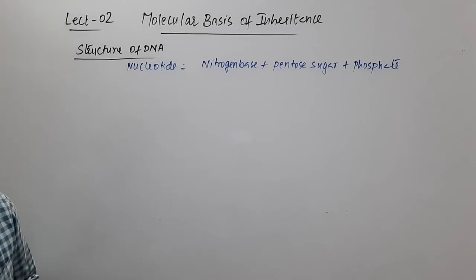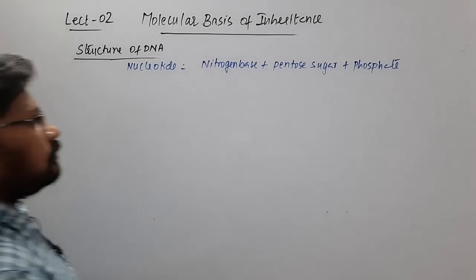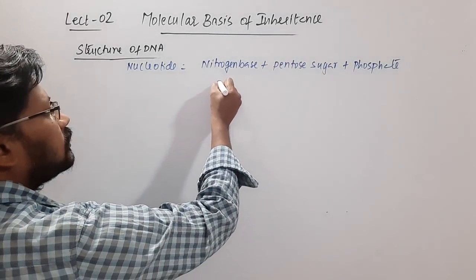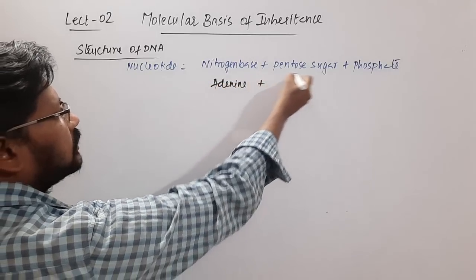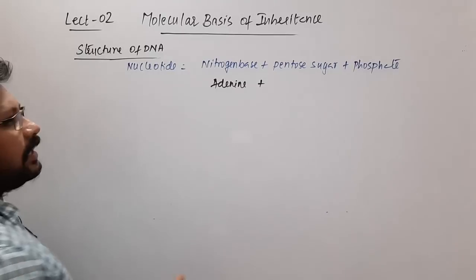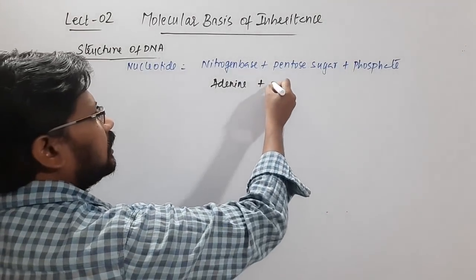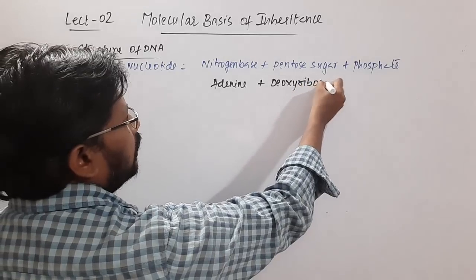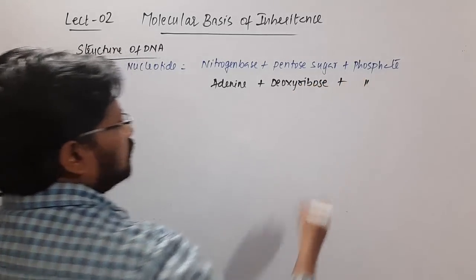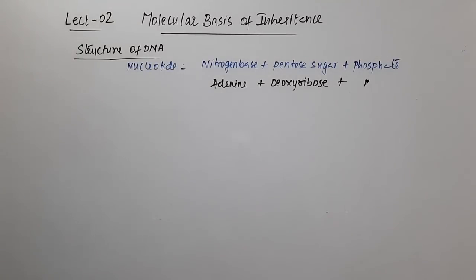So here, first we'll take the nitrogen base adenine plus, we know in the case of DNA the pentose sugar present is deoxyribose, plus the phosphate as usual.